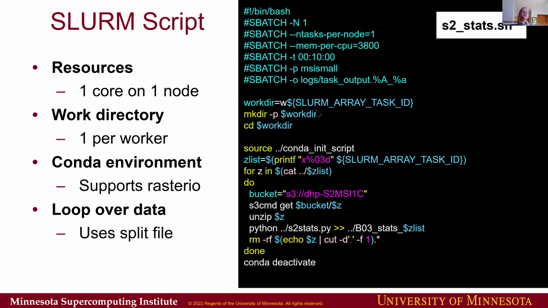I find it handy in these data parallel, data-driven workflows to have each one of the tasks make its own directory to work in, simply because it guarantees that one task will not collide with another in terms of the namespace of the files they're generating. It also makes cleanup very easy.